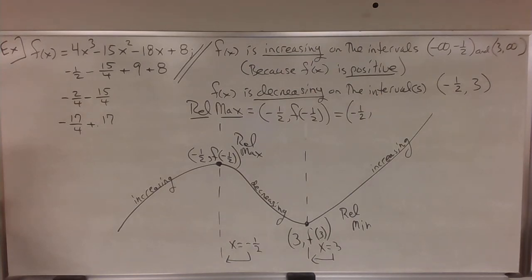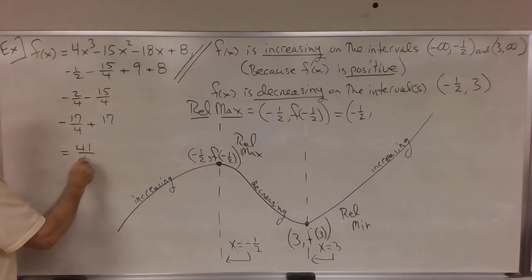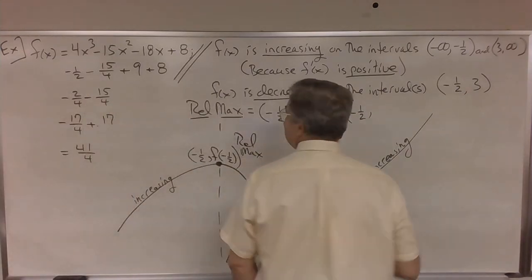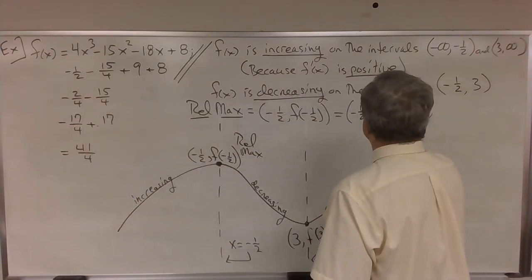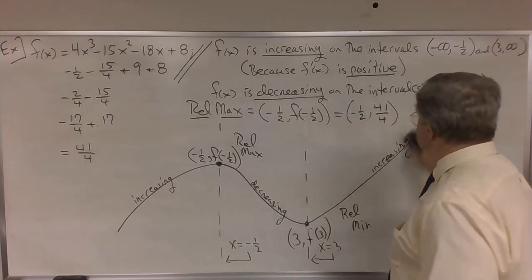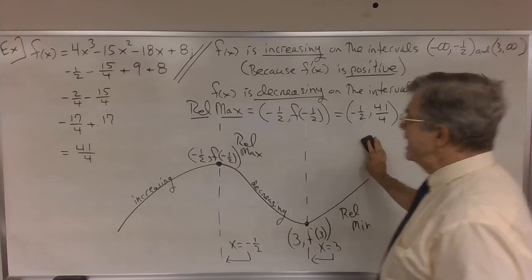Let's see, 68 minus 17 is 41. Okay. Somehow I doubt the accuracy of this answer, but it doesn't look like I'm going to get anything else. So there's our relative max.